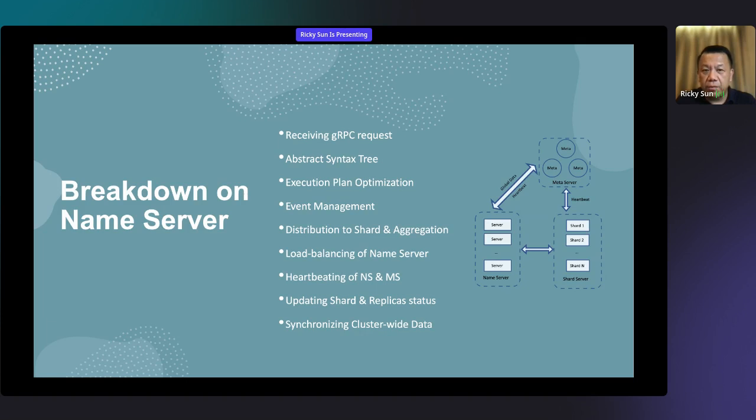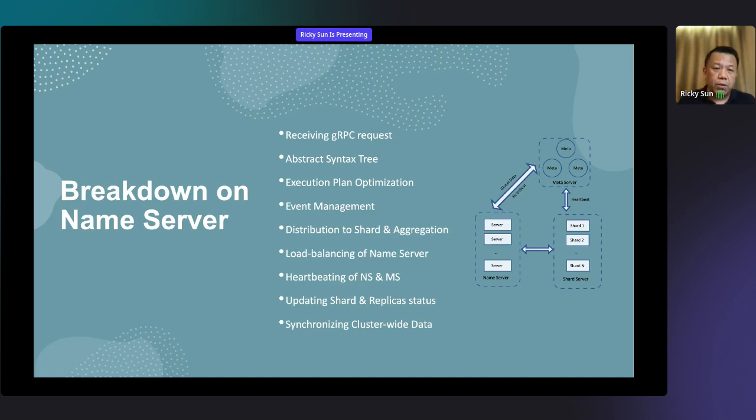Of course, the name server needs to take care of the abstract syntax tree for the query breakdown. Also execution plan optimization, and even event management, how you're going to distribute in the MapReduce mode, distribute to shards, and how you aggregate data, right? And also the load balancing of the name server can be achieved.